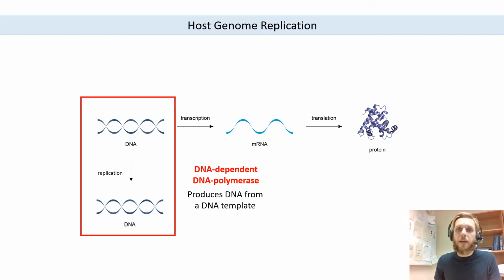The enzyme that therefore mediates this is a DNA-dependent DNA polymerase, and hopefully that makes sense. Again, the name is just literally a description of the specific process it catalyzes. It is using a DNA template, so it's DNA dependent, and it's a DNA polymerase, which means it's polymerizing DNA. It's producing DNA from the DNA template.